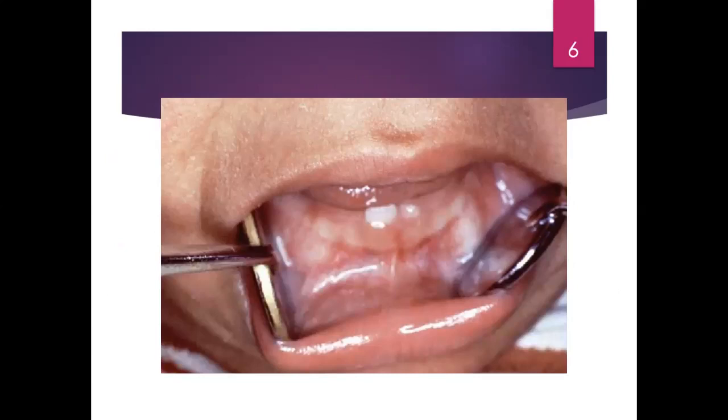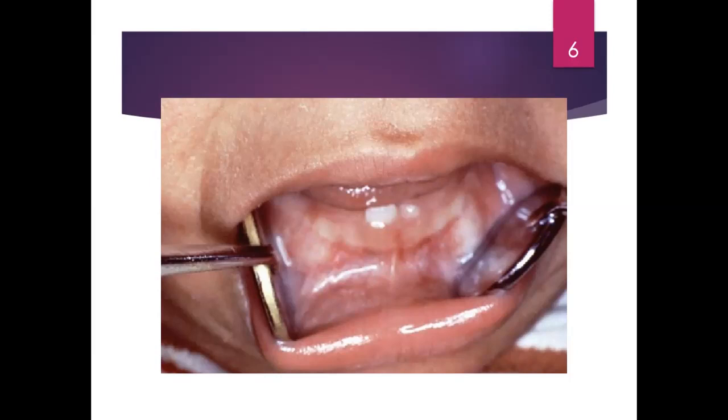Okay, so this particular patient here is about 6 to 8 months. So you start to see the central incisors erupting. Now, if this patient were born like this, there's a particular term that is used when teeth erupt in such manner.